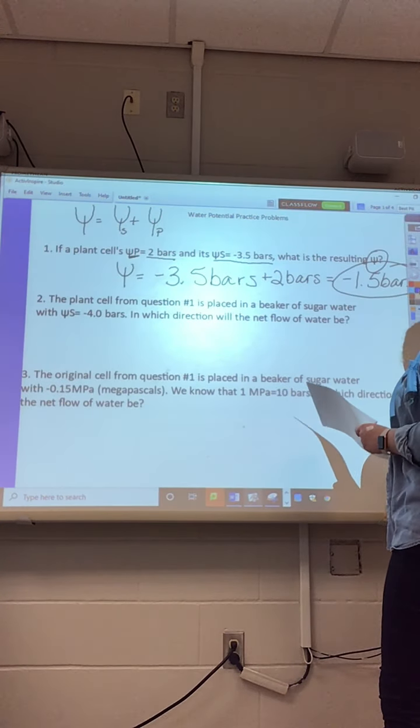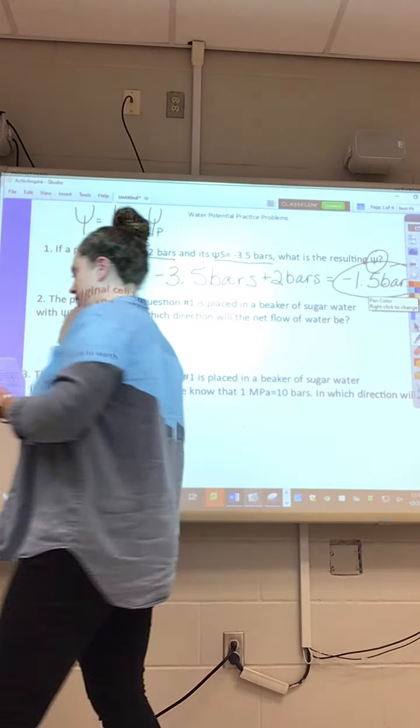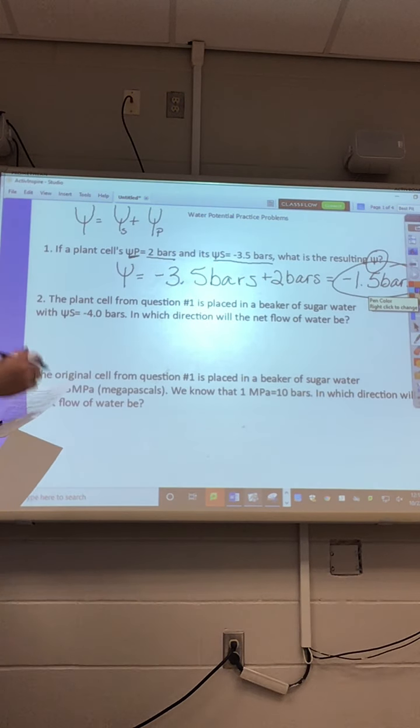All right, let me change colors. Number 2. The plant cell from question 1 is placed in a beaker of sugar water with the solute potential of negative 4.0 bars. In which direction will the net flow of water be?